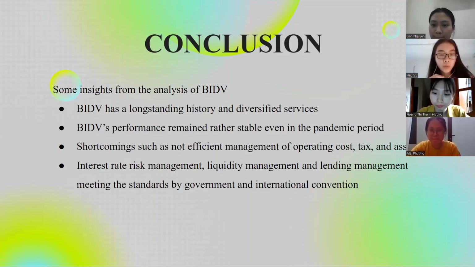Also, there is no potential risk related to the management of interest rates, capital, liquidity, and lending. However, BIDV seemingly has shortcomings related to the management of operating cost, tax, and asset. Hopefully, the bank can improve its shortcomings and remain a high-profile firm in the banking industry.